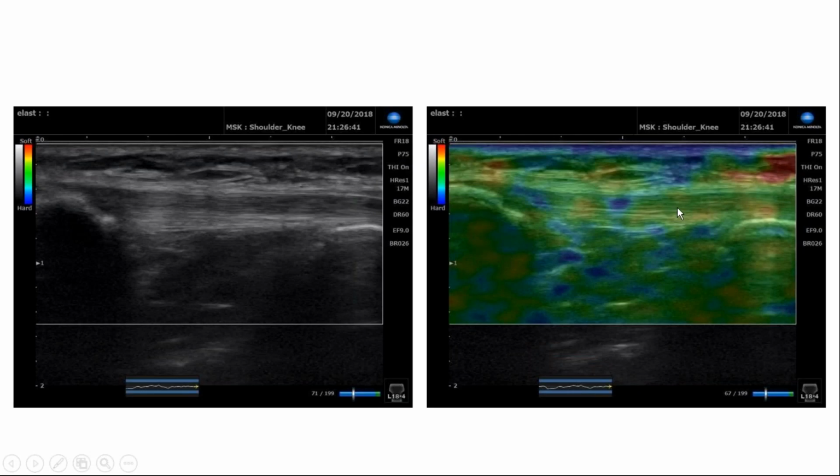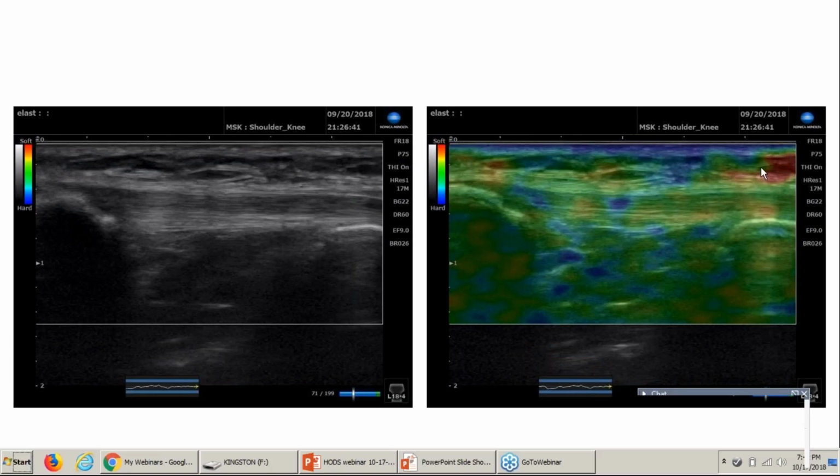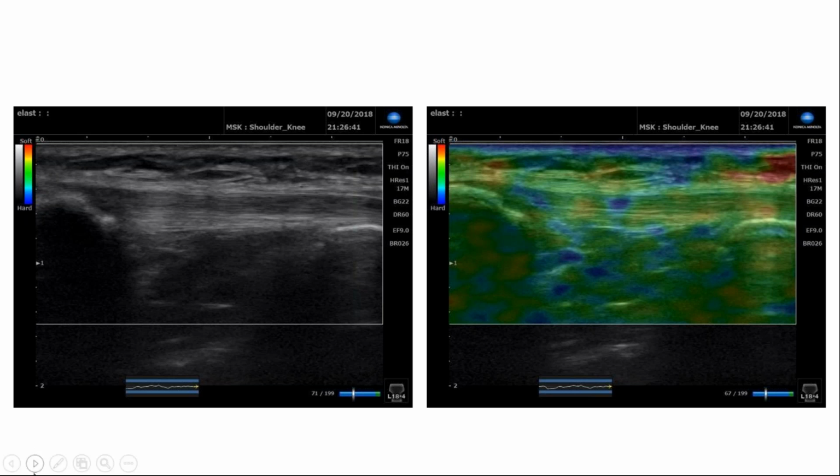It does give you a very good idea of the stiffness or mechanical property of a tendon. So there's a great application if you are treating someone and you don't see any significant changes on ultrasound when you scan them, but if you use elastography, you may see these red areas changing to yellow or green or blue, which is again an indicator that their tendon is getting better.